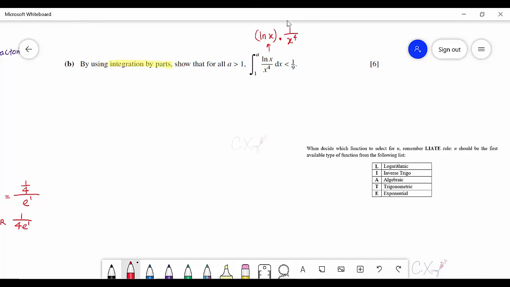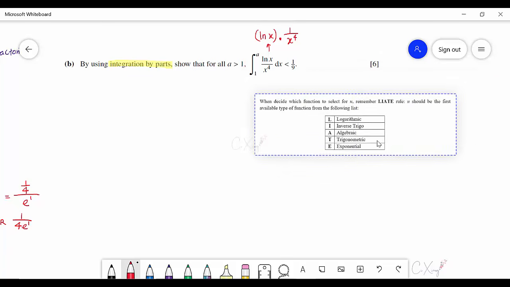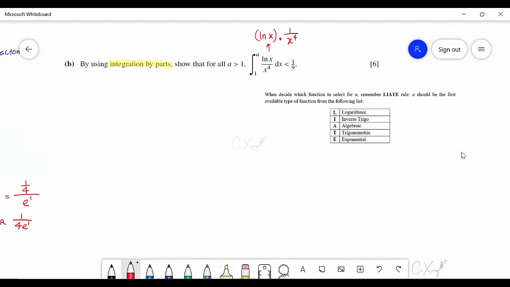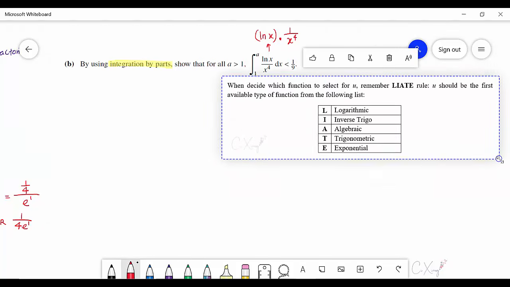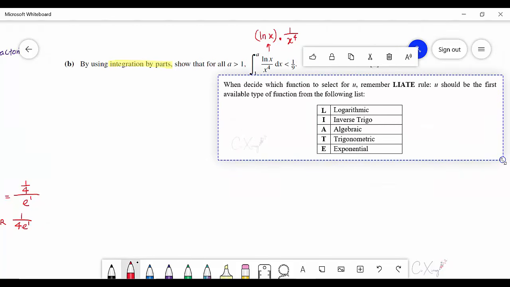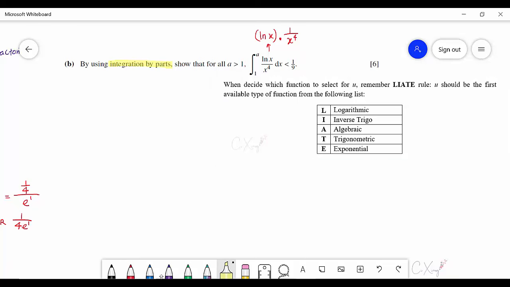So when you want to apply integration by parts, you need to choose which function you want to let become u. Generally, as a guideline, we are using the LIATE rule.